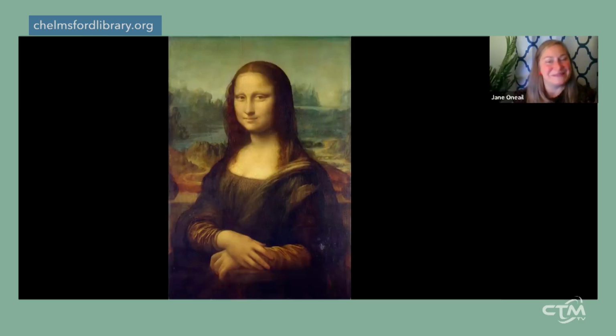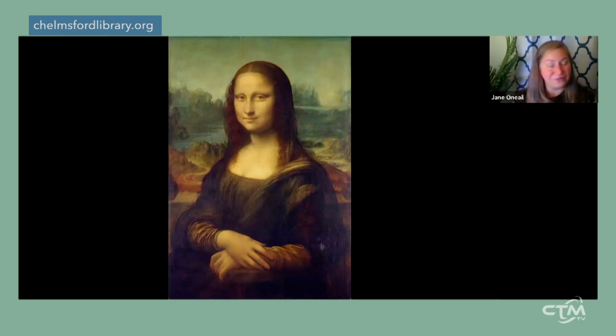It's the same setup as this most famous painting on the planet, the Mona Lisa. So we've got the half-length portrait, the three-quarter profile, and so much is similar, but in 30 years since he painted the first, so much has changed, right?